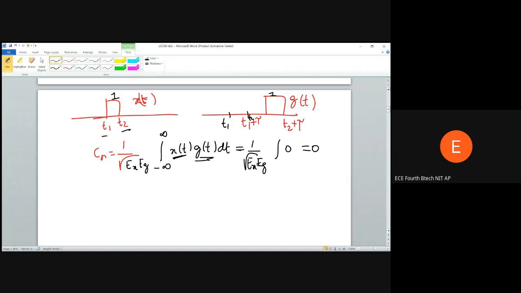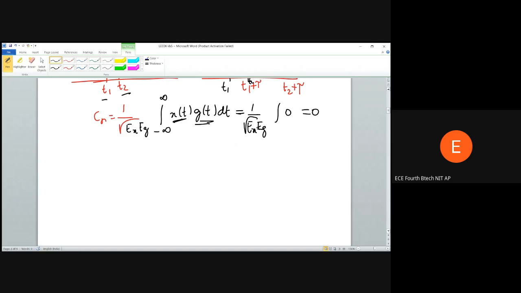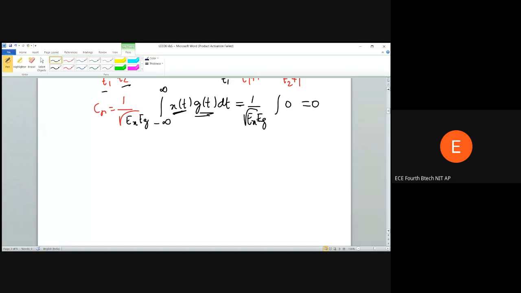Of course, the two signals are very similar to each other, except for a time delay. So for that reason, a new correlation coefficient, or in other words a correlation function, is defined. I hope you understand the problem I'm trying to express, because x of t is 0 at one point where g of t is non-zero, and g of t is 0 where x of t is non-zero.